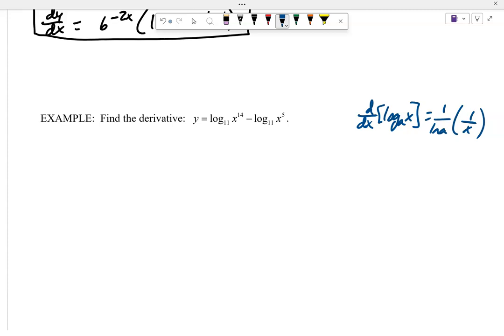Now, first, what I'm going to do on this one is, I changed my mind, I'm going to apply the quotient rule first. They're both log base 11, so I've got x to the 14 over x to the 5th. So I can make them into one logarithm. So I've got log base 11 of x to the 14 over x to the 5th. That would be x to the 9.